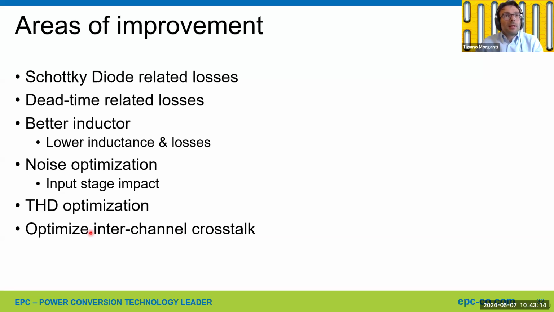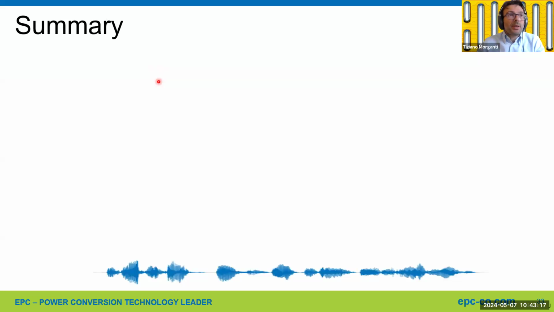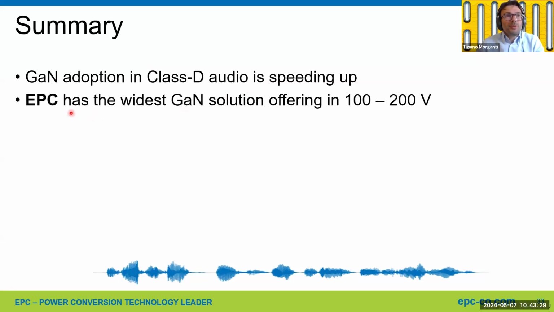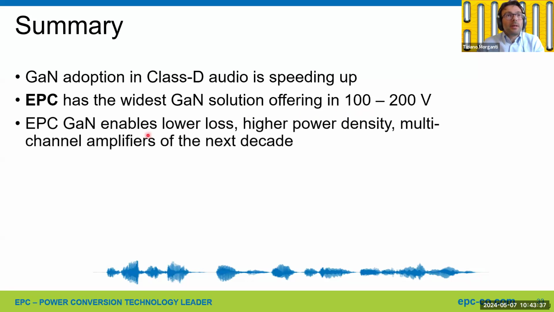Okay, so as a summary, we talked about the adoption of GaN FETs in Class-D audio, and this is really speeding up in the last couple of years. EPC has the widest selection of GaN in the 100 to 200 volt range. Our GaN FETs are enabling low loss, high power density, and next generation amplifiers for future solutions.